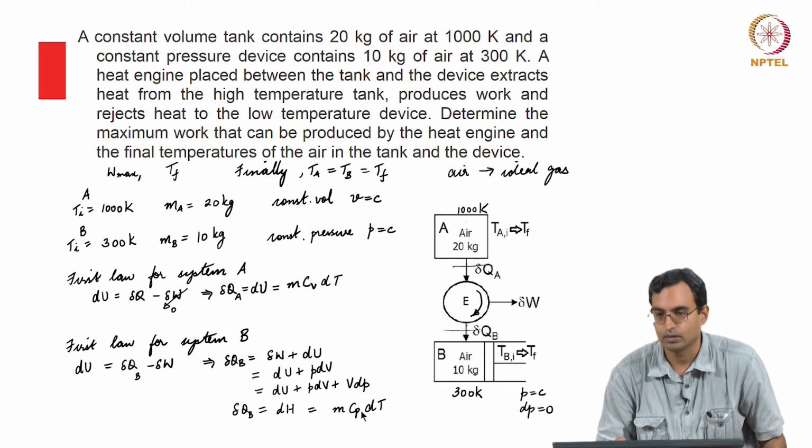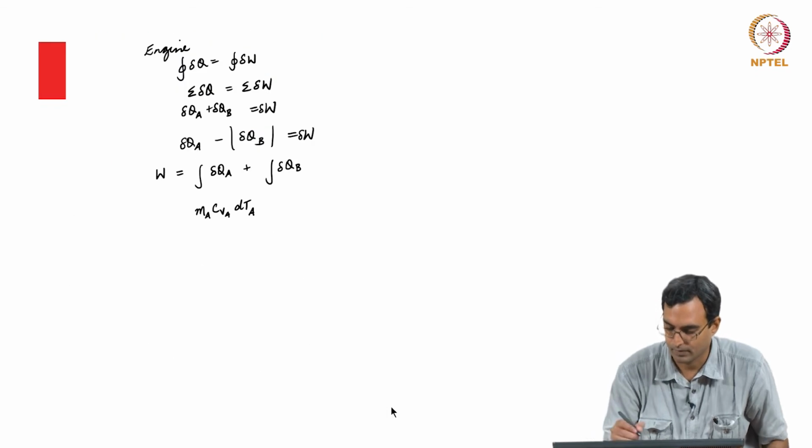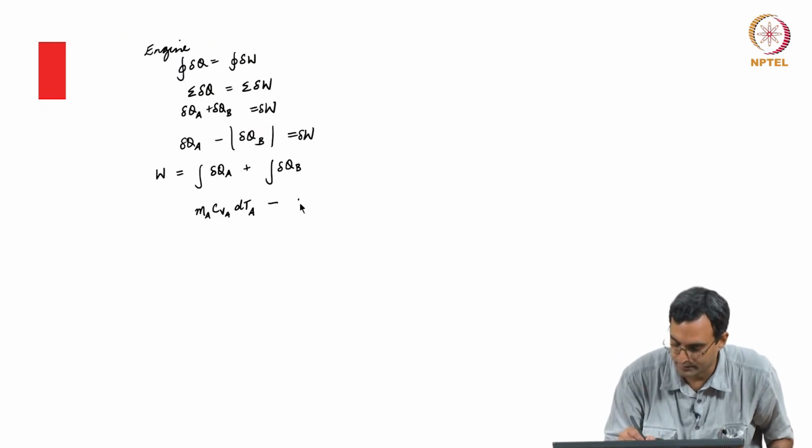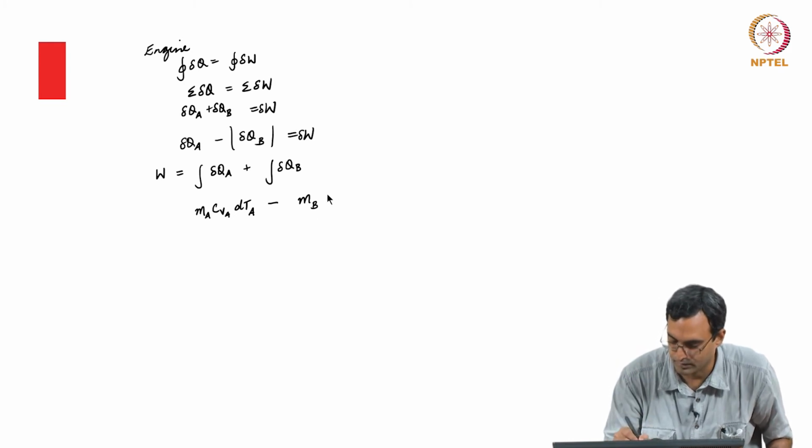This is heat going out, which is negative. So, I need to take into account the negative sign when I am dealing with this term here. So, this is m of B, Cp of B into dT of B. I am taking a negative sign here because that is a negative quantity there.